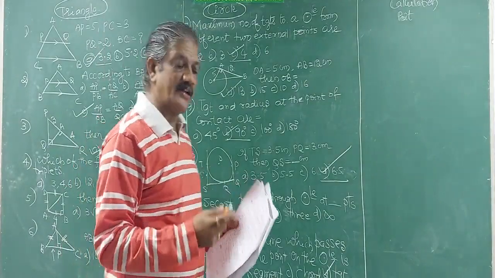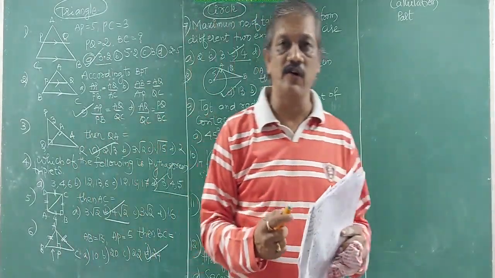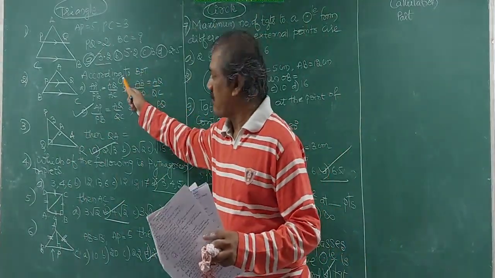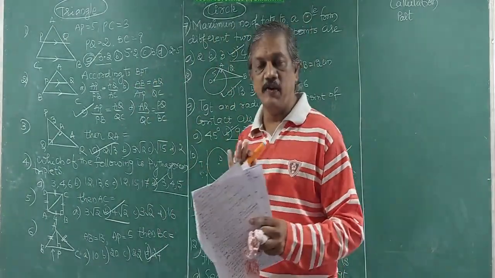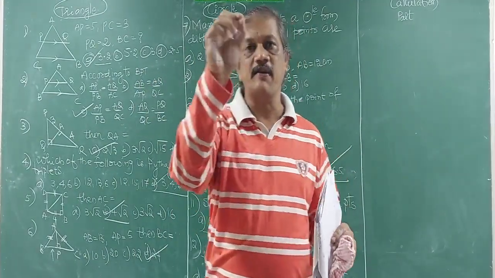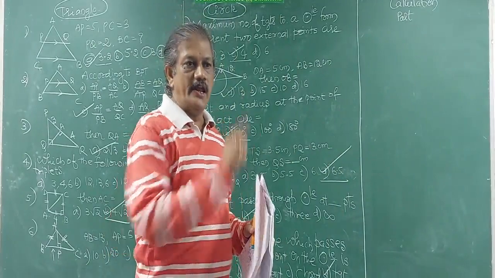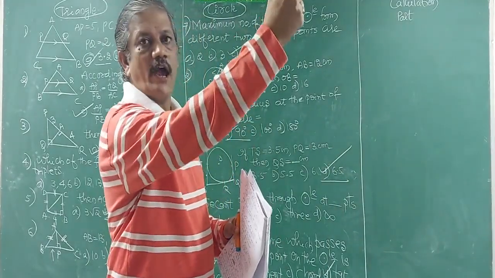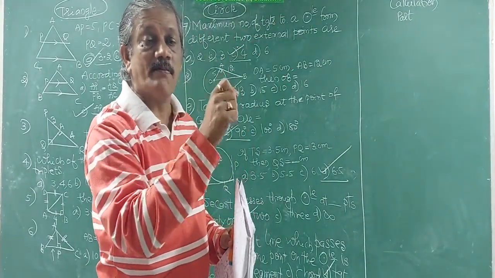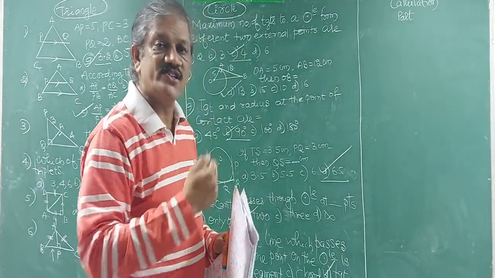So with this, students, whatever I have told about triangle and circle, you be careful. Even about the statement, in a right angle triangle, the square on the hypotenuse is equal to the sum of the squares on the other two sides.